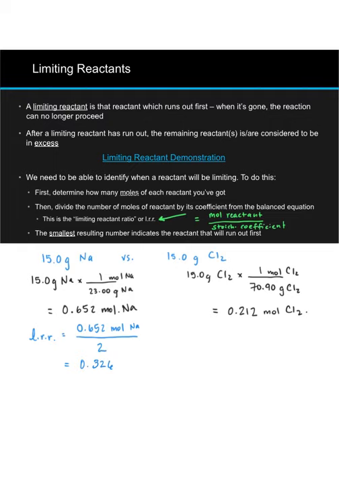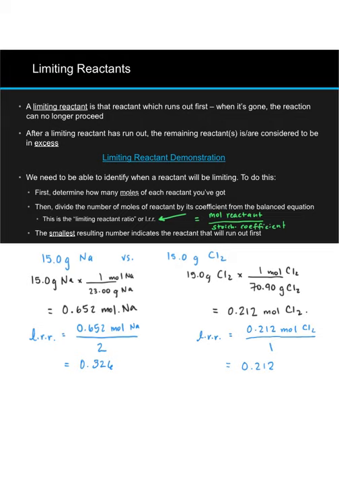Similarly, the limiting reactant ratio for chlorine is the number of moles of it, 0.212, divided by its stoichiometric coefficient. In the previous slide's example, the stoichiometric coefficient in front of chlorine was 1. That's 0.212.